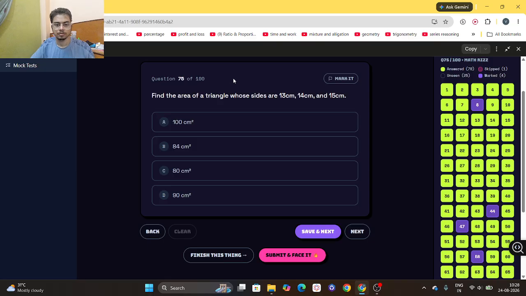Next. Find the area of the triangle whose sides are 13, 14, and 15.